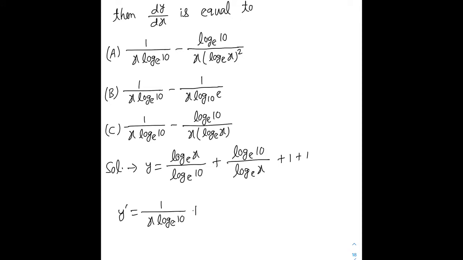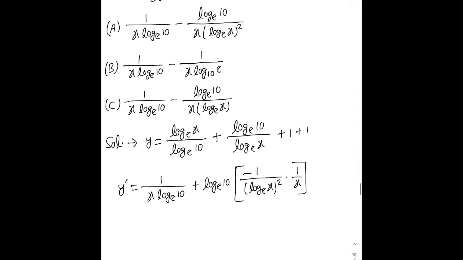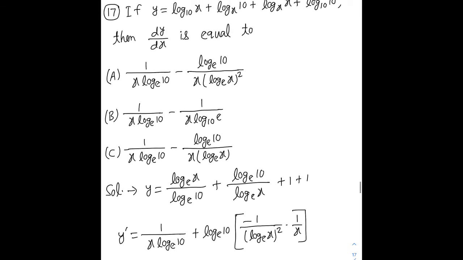So we will get log 10 into minus 1 by log x whole square, and then log x differentiation would be 1 by x. Okay, so you will get the first option.